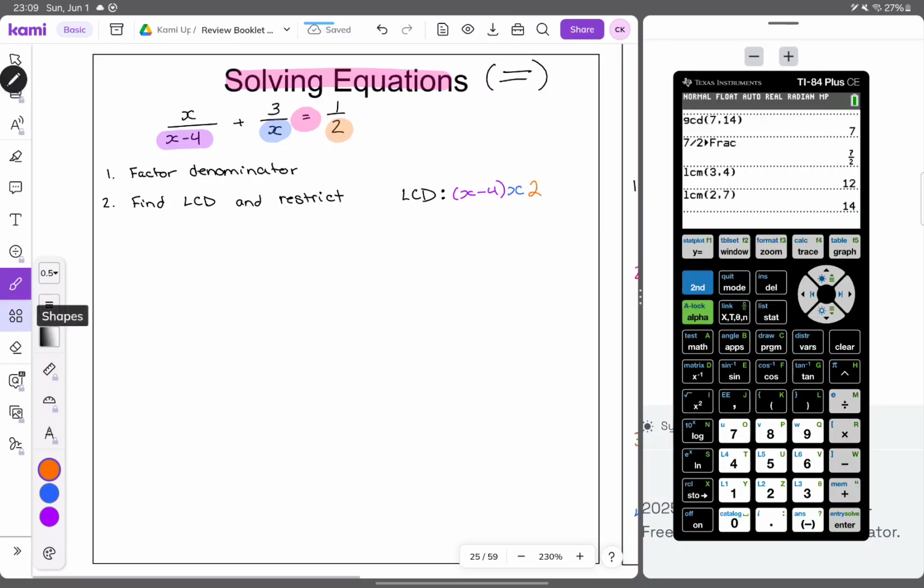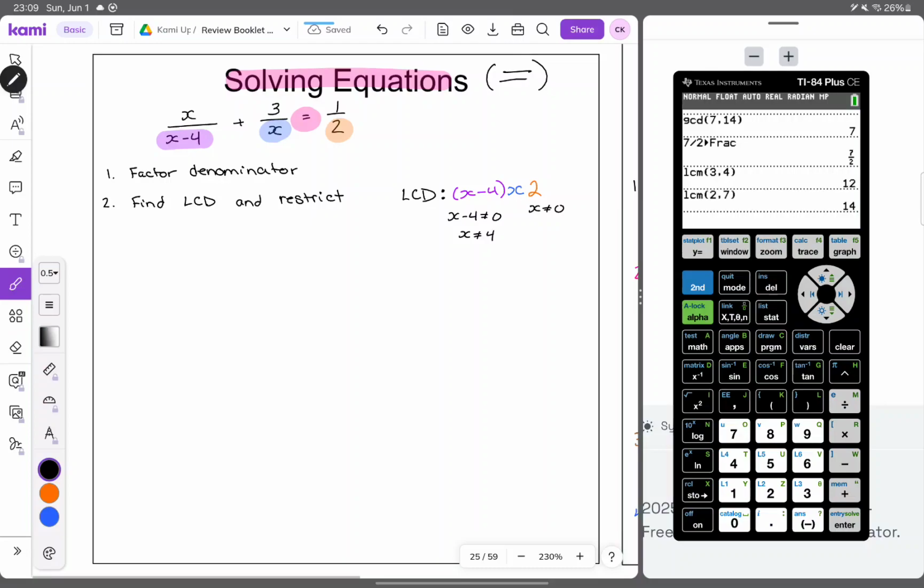All right, so we're going to restrict from there. I'm going to say that x minus 4 is not allowed to equal 0, so x is not allowed to equal 4. We're also going to say that x is not allowed to equal 0. So there's my restrictions.